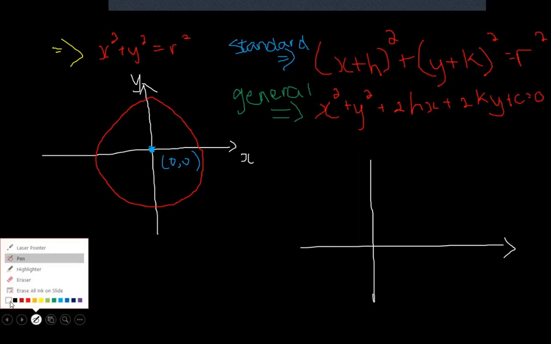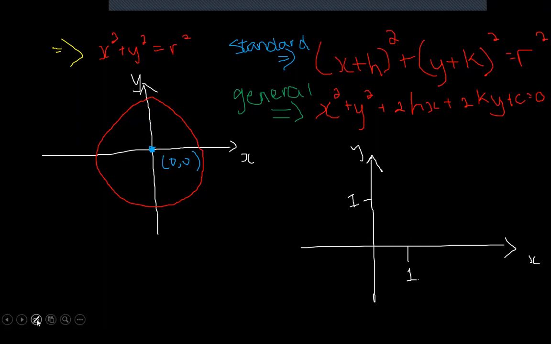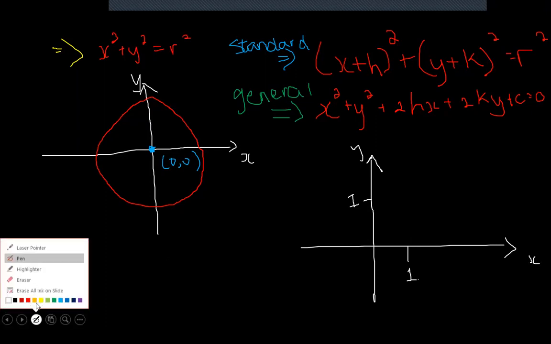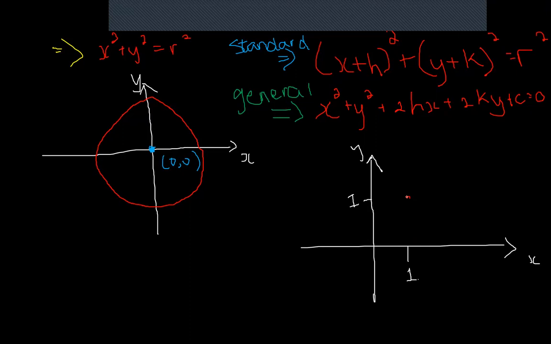So say my center is (1, 1). This is y, this is x. Just showing you what one of these circles might look like. So this would be my center right here.